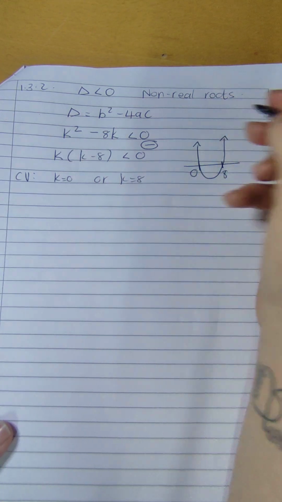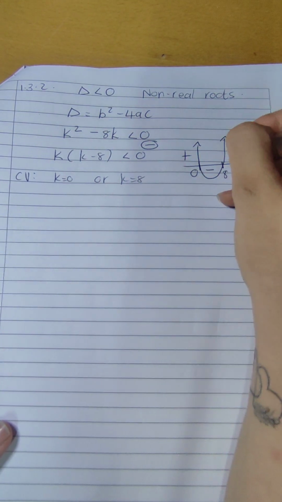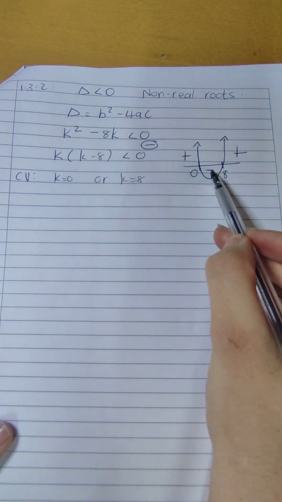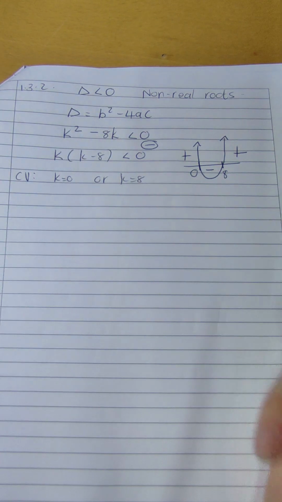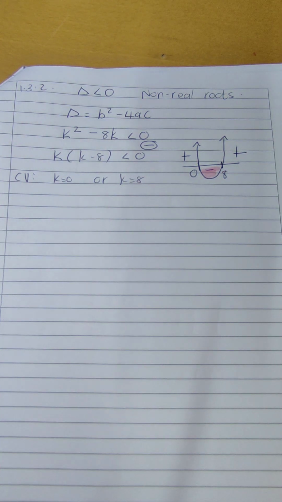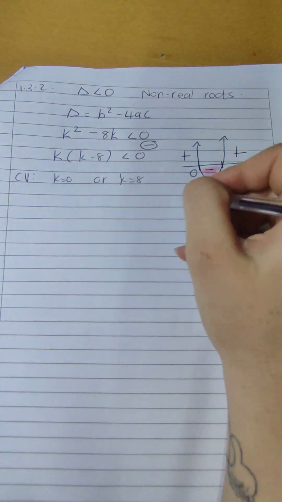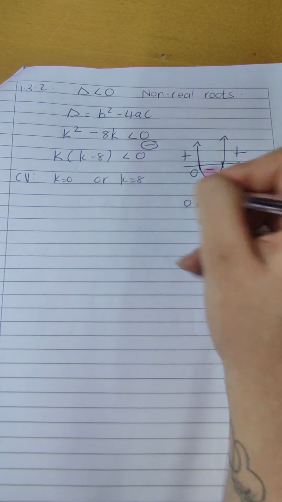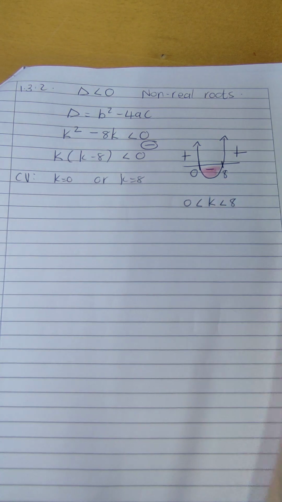And remember, a parabola goes positive, negative, positive. I'm looking for the negative values. Where are the values negative? Here in between 0 and 8. So what will my answer be? It will have non-real roots when k is larger than 0 and smaller than 8.